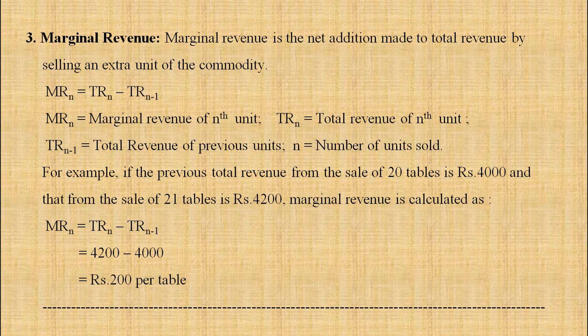The difference between two totals, here after 21 sales it is 4200, with 20 tables it is 4000. The difference between these two is called marginal. So 200 is the marginal revenue.